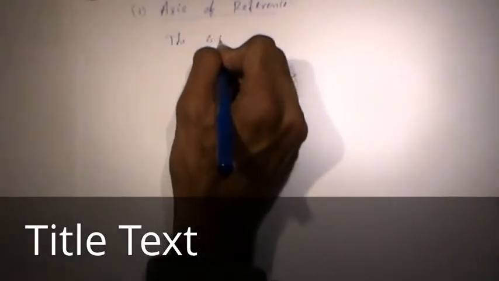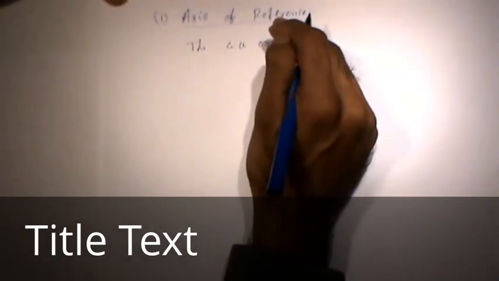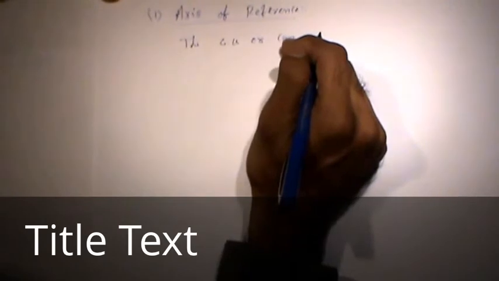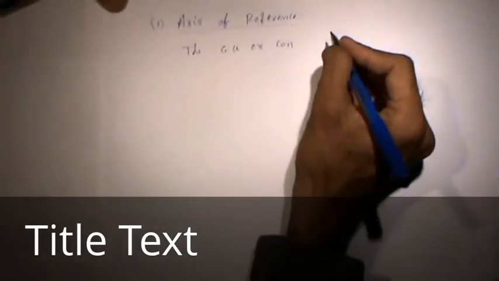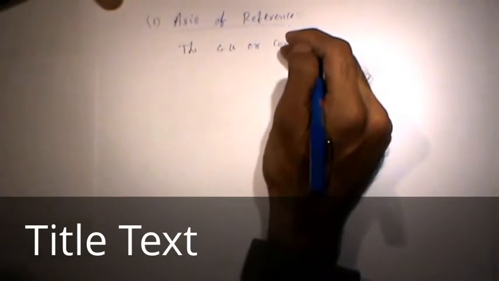The CG or a centroid. See, this is required not only for the CG but also for the centroid. So the axis of reference terminology is used for both the CG and the centroid.